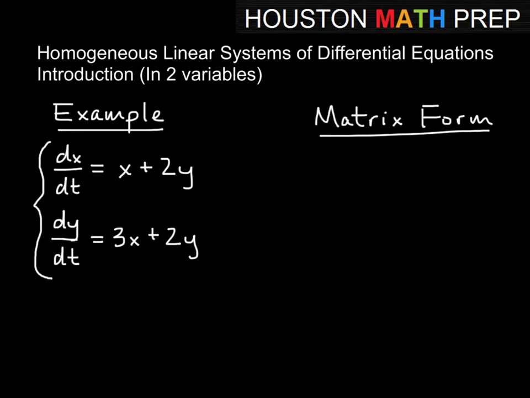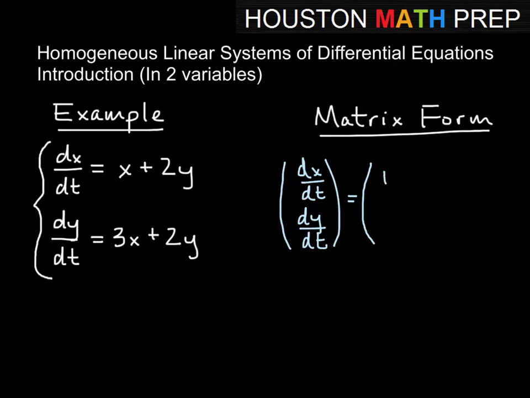Let's look first at how we would write this in matrix form. We could write the left side of the equation as a column vector, with dx dt being the top entry and dy dt being the bottom entry. That would be equal to, if we remember our matrix multiplication, we could look at just the coefficients.